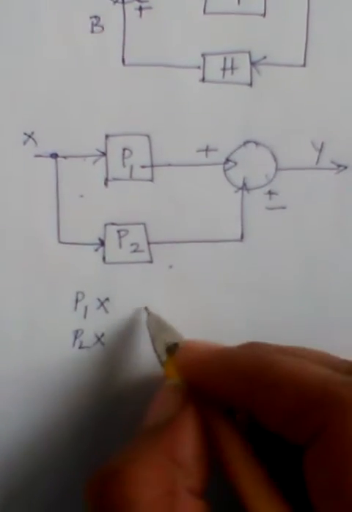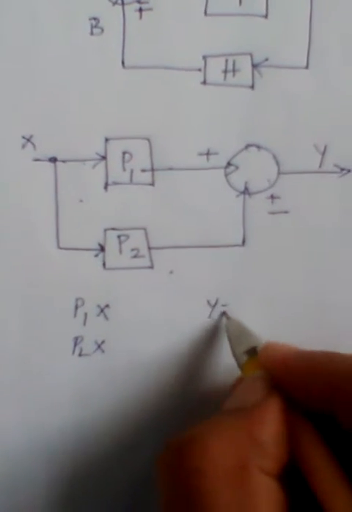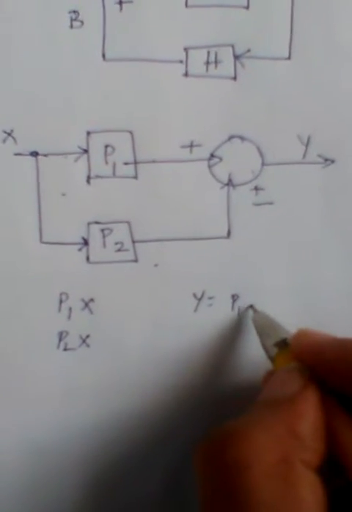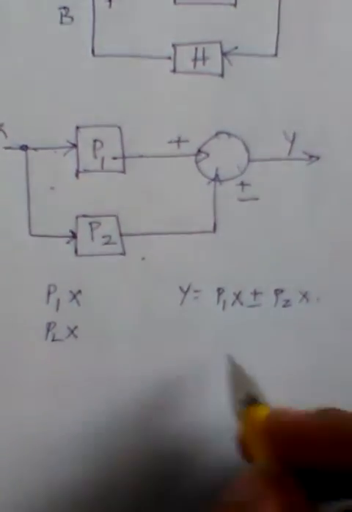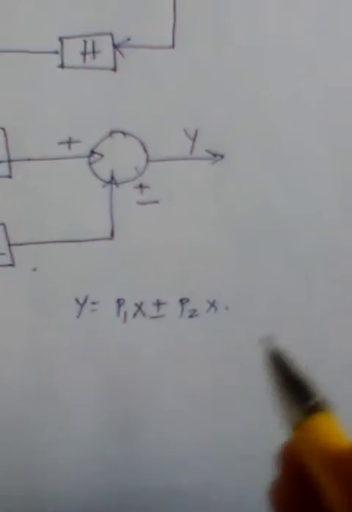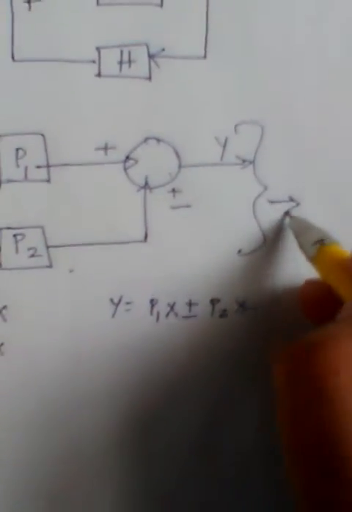So when they culminate in the summer, it is going to give either the addition or subtraction of these particular signals. And so I can say that it is a combination of both the signals, y equal to p1x plus or minus p2x. So if I want to represent the equivalent of this particular control system, then how can I represent this particular system?